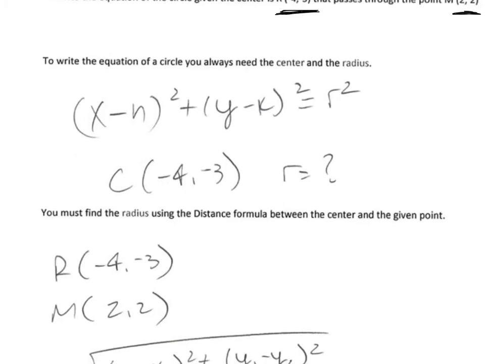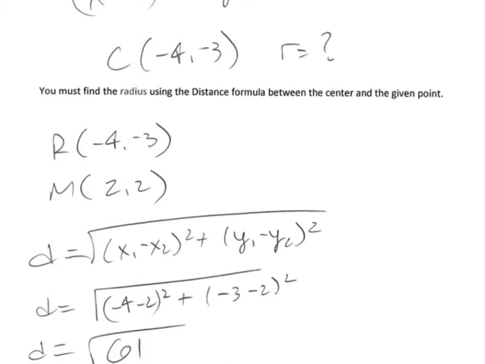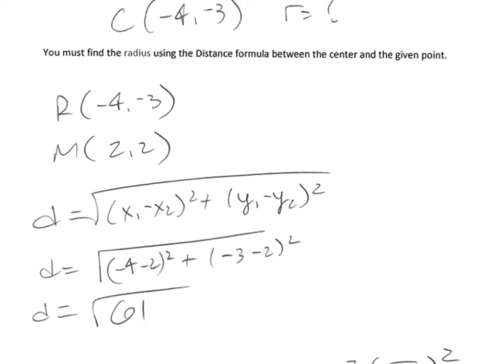So we're going to use the distance formula between these two points to figure out the length of the radius. When I plug it into the distance formula correctly, you wind up with the square root of 61. Again, it's x1 minus x2 squared plus y1 minus y2 squared, and then the square root of that. So the radius is the square root of 61.